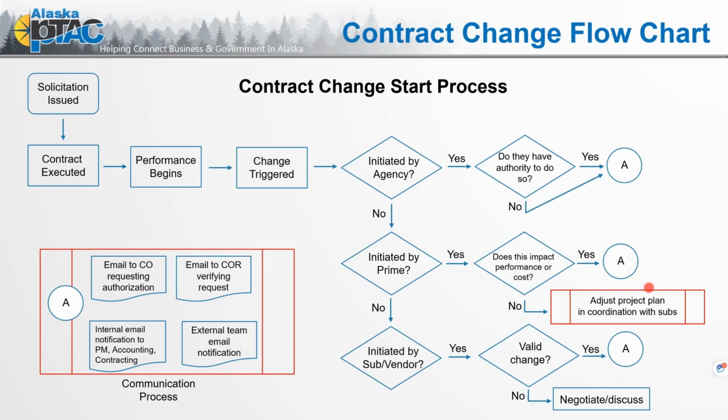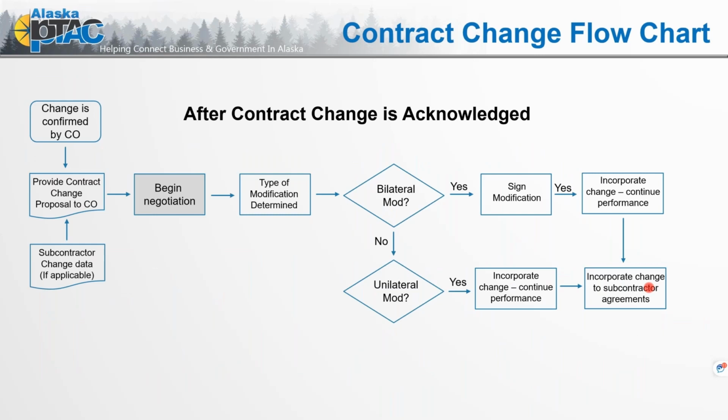Not all relationships are as easily negotiated, communicated with all parties involved. But the point is, we have to have some sort of process where you're identifying that change and you're starting to track it and cost it and begin those conversations.